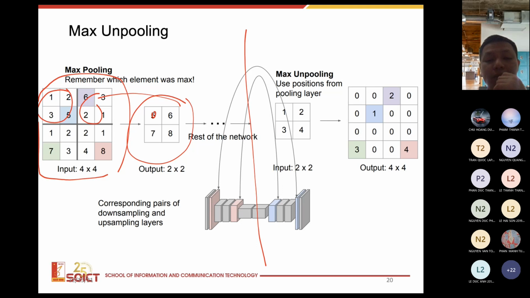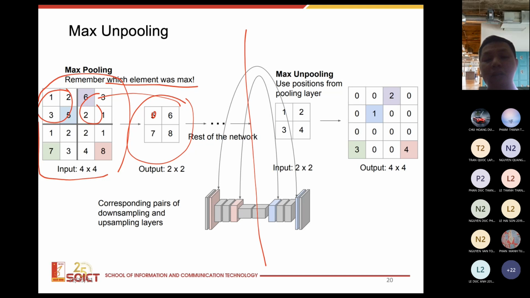When you do the max pooling in the previous layer, you remember which element was the max, meaning the location of the element that was the max. And then in the corresponding max unpooling layer, you use the positions from the pooling layer to do the max unpooling.